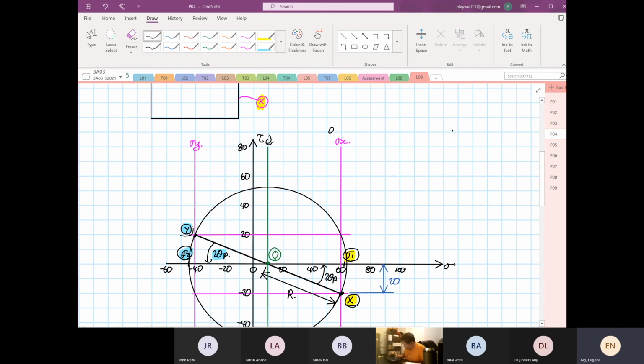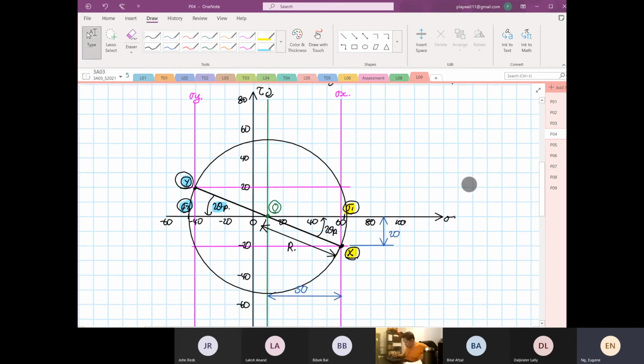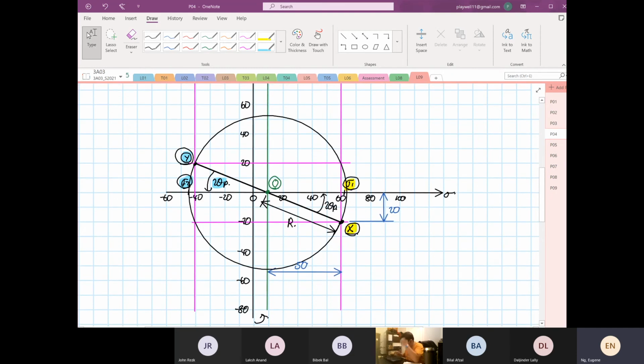So from point Y, it has to rotate 60 degrees. So this is the point that we want to find now.